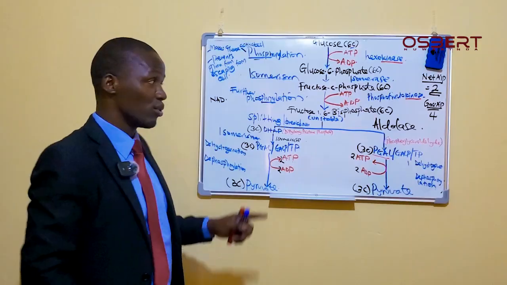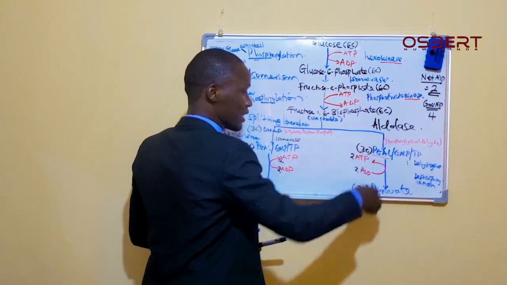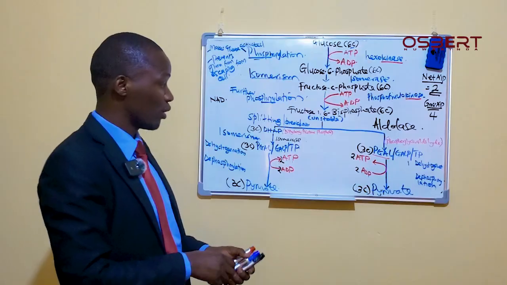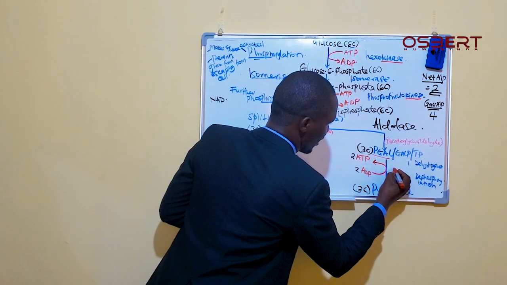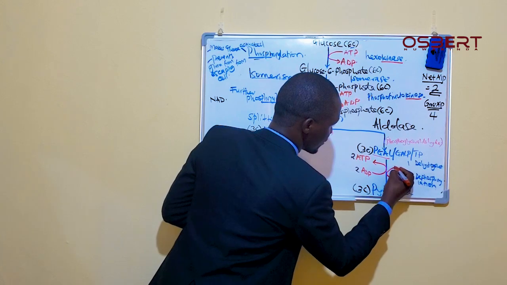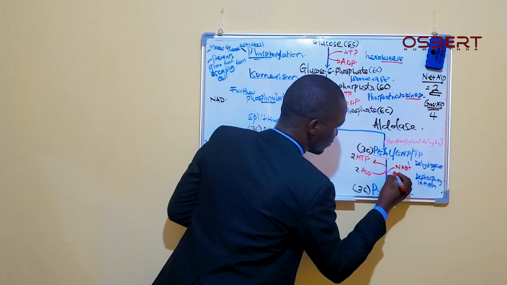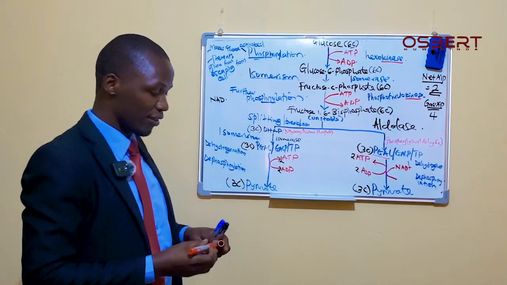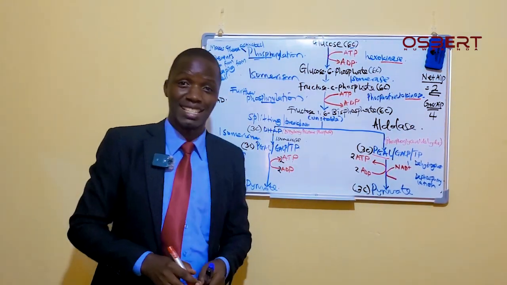So in this case, we are going to use NAD. During these reactions, we are going to have our NAD. This NAD comes when it is in this form. When that NAD is not having hydrogen, it is oxidized. We call it oxidized NAD.